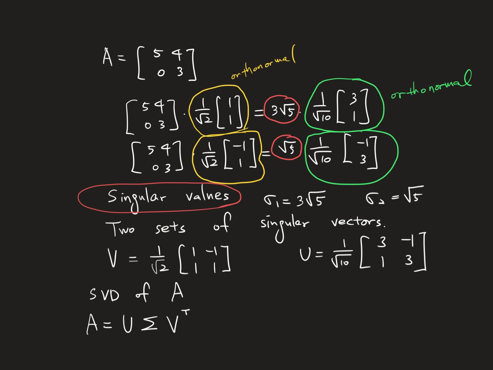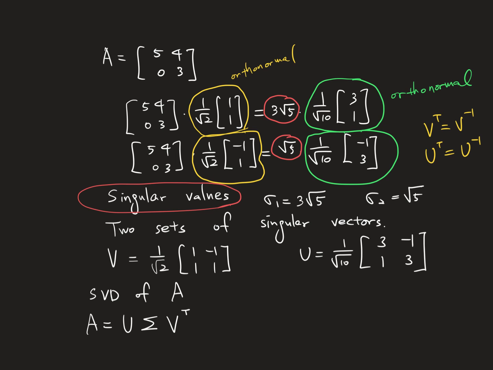Note that V transpose is equal to V inverse, and U transpose is U inverse, because U and V are orthogonal matrices, because their columns are orthonormal, and also their rows are orthonormal.